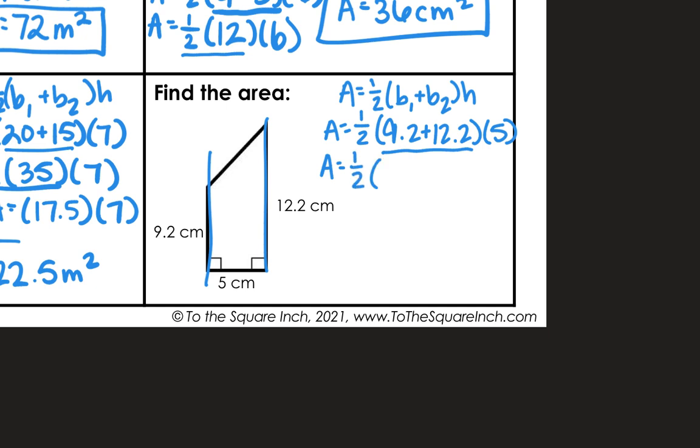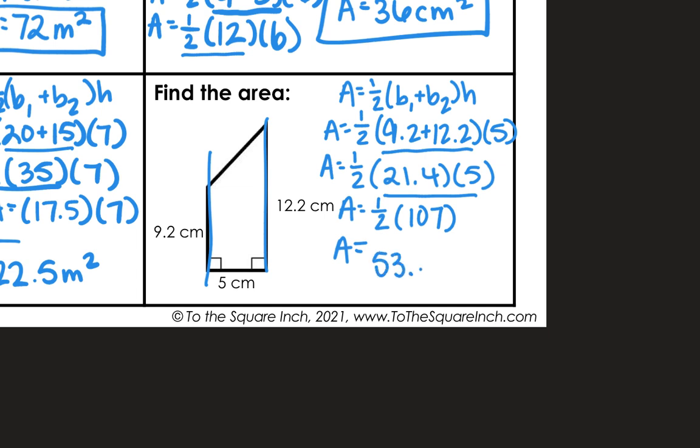So 1/2, 9.2 plus 12.2 is going to end up being 21.4 times 5. Again, you can multiply in different orders, so this time I'm going to do 21.4 times 5 just to show you that different order. So you'll still have 1/2, and then 21.4 times 5 is going to be 107. So from there, I need to divide 107 by 2, which will give me 53.5 centimeters squared.